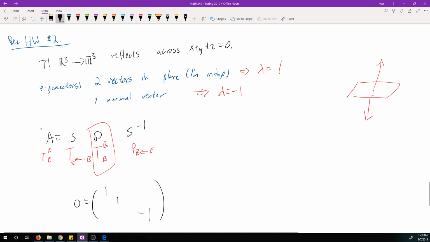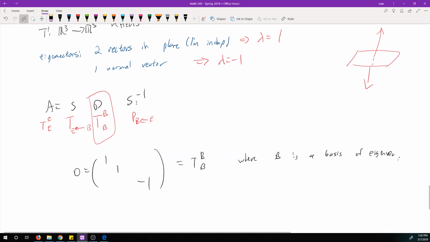So D is T_BB, the transformation with respect to B, where B is a basis of eigenvectors. That's part A. And if you don't understand this part, remember this is covered in recitation 7, near the end.